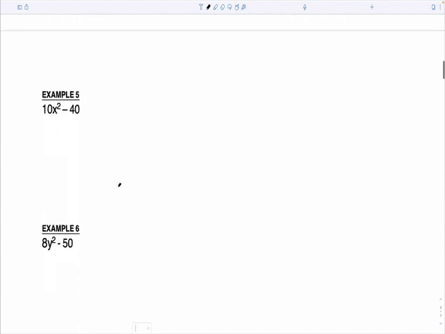Last set of examples. 10x squared minus 40. I'm looking at that and it looks kind of funny because nothing times itself can equal 10. I always think, can I factor a GCF first? Is there a number that I can factor out that divides into 10 and 40? Sarah, what is it? It's 10. So let's factor that out first. You get x squared minus 4.